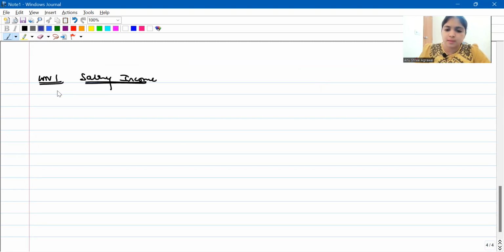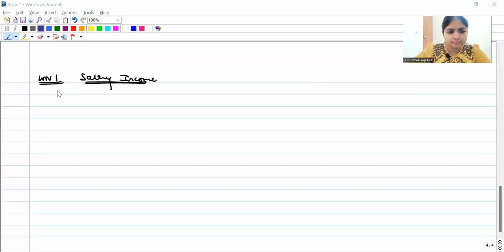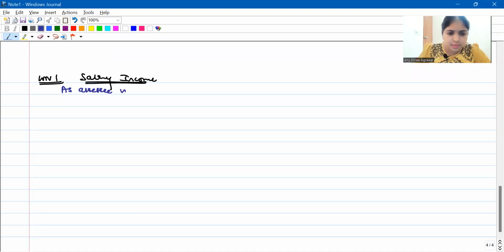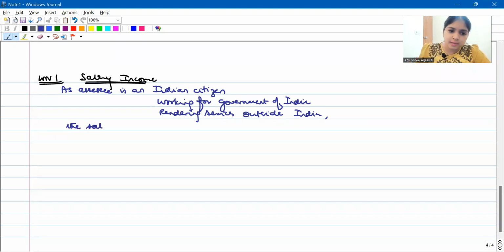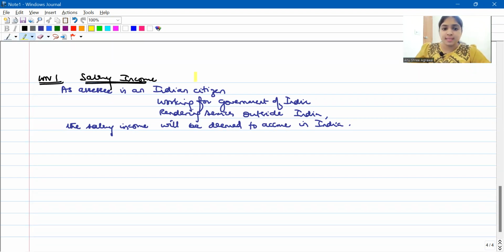Under this, write down: assessee is an Indian citizen, working for Government of India, rendering services outside India, the salary income will be deemed to accrue in India. The salary income will be deemed to accrue or arise in India.